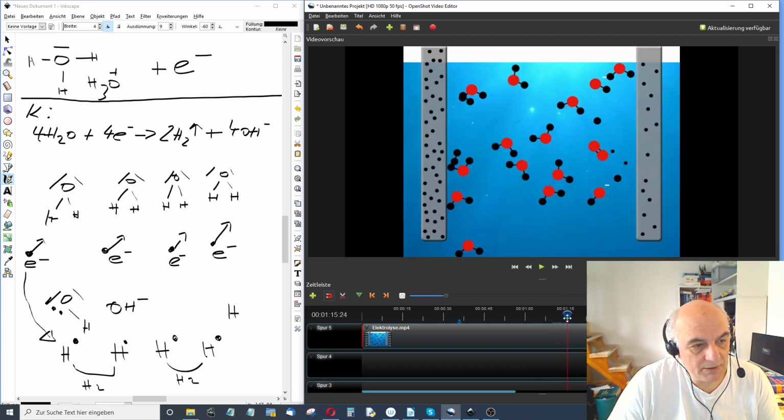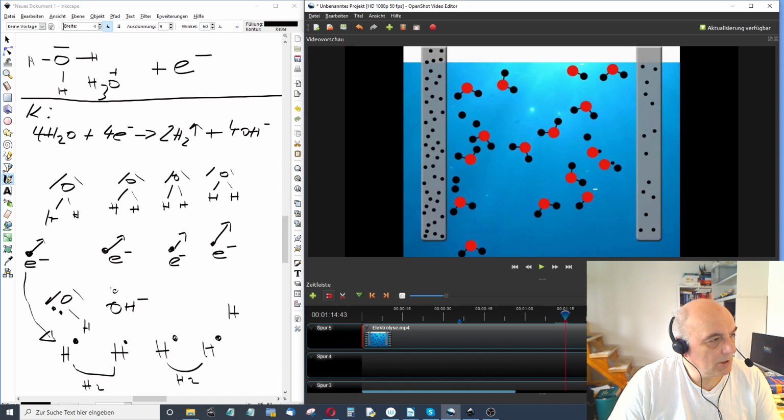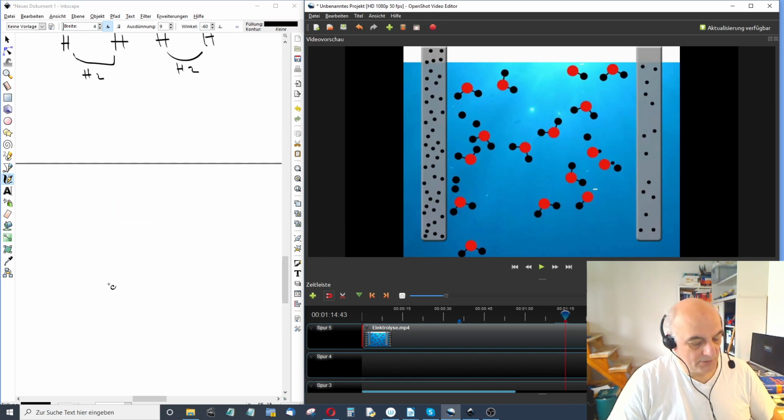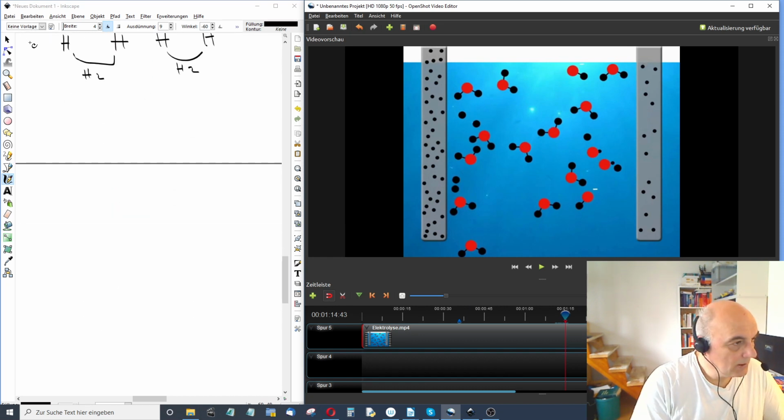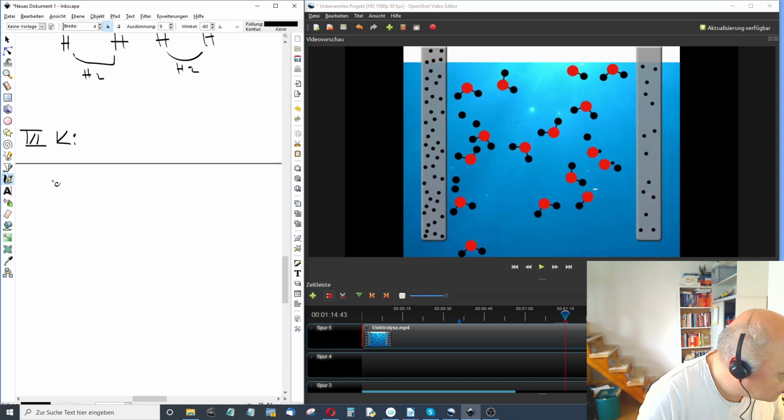So we will write this down in an equation, and the equation must look like that. So this is the third step that happens here at the cathode. The third step says, where is it? Here.